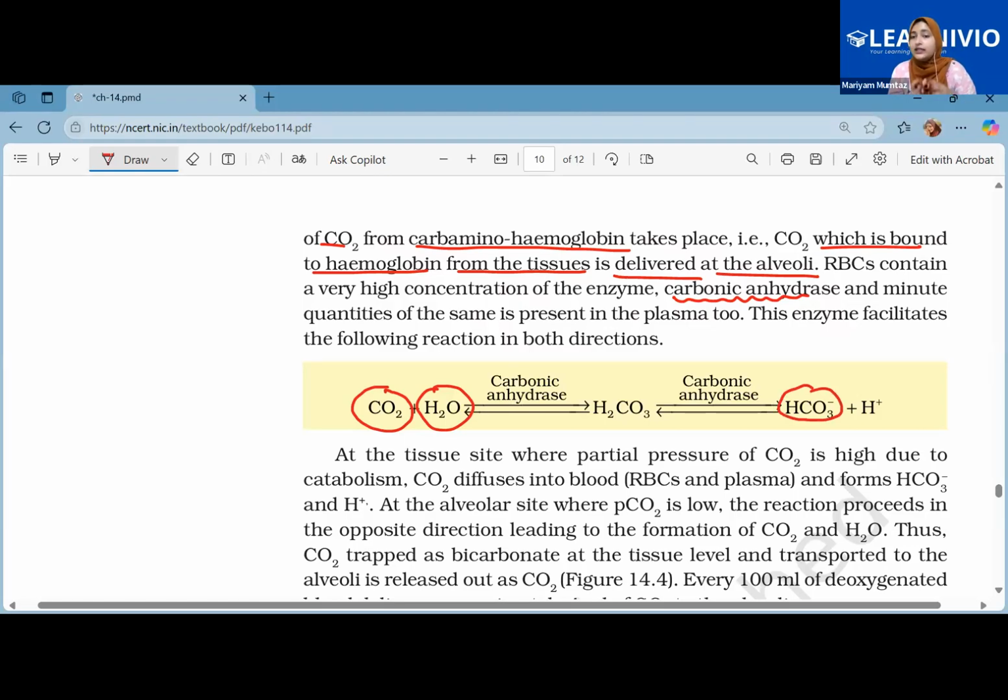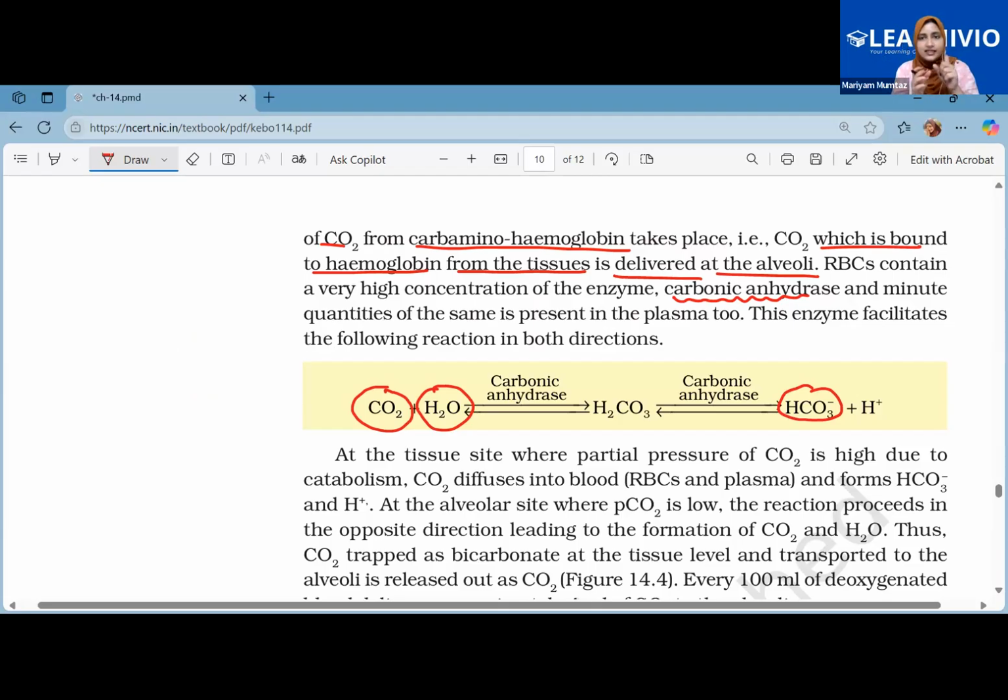And you know that the CO2 is transported as bicarbonate ion also, isn't it? Because CO3 is there. So CO2 is there, no? Only an extra oxygen is there, isn't it? So that is how it is getting transported as bicarbonate ion.